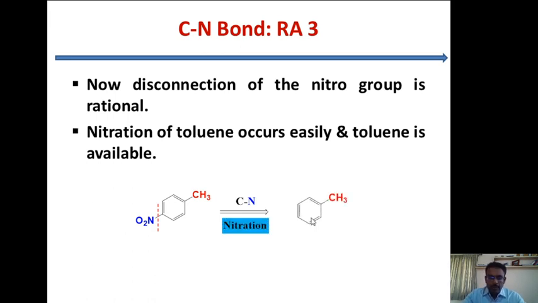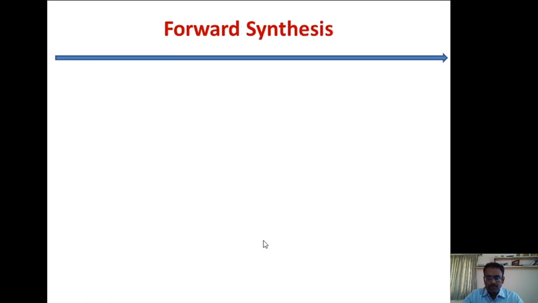From toluene you can synthesize 4-nitrotoluene through nitration, easily from the readily available toluene. Okay, now you combine all this analysis and write down the forward reaction for the target molecule, as we did yesterday.